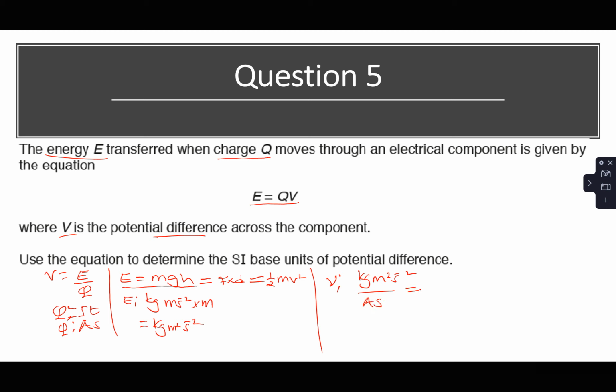When we simplify this, we see that kilogram meters squared stay, when ampere goes down it becomes per ampere, and when s goes down it becomes s power negative 3, because we subtract the powers. These will be the base units of the potential difference. I think that is also home and dry. That is very simple. Let's continue.